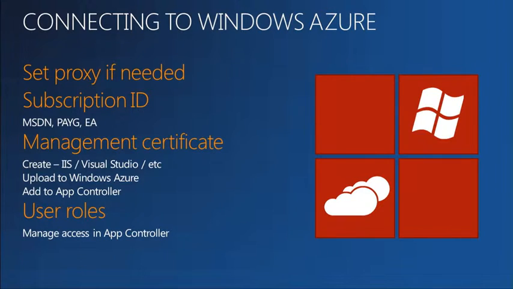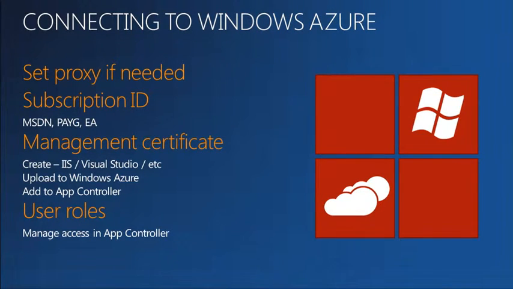Yeah? All right. 3 ways you can actually go ahead and create the certificate for making the secure channel. One is within Visual Studio itself. So if any of you are doing deployments from Visual Studio up into Windows Azure, that is actually creating a management certificate, and you can use that same process and feed that same certificate into App Controller if you want.